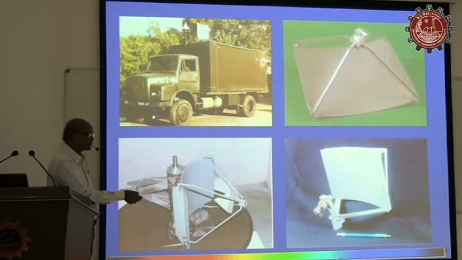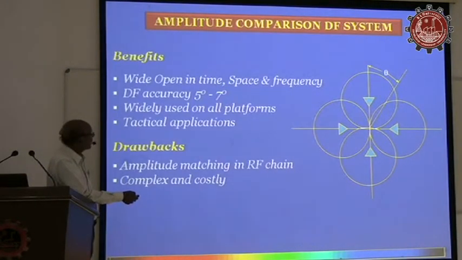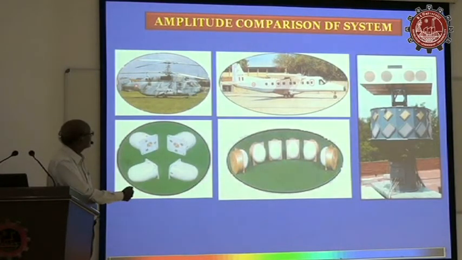This is an offset reflector to get low sidelobes, and this is a rotary DF covering 0.5 to 18 gigahertz. This is amplitude comparison DF technique principle. I am not going into the various advantages and drawbacks, and these are the various systems we have implemented using the ADF technique. This is what I am telling, sir.